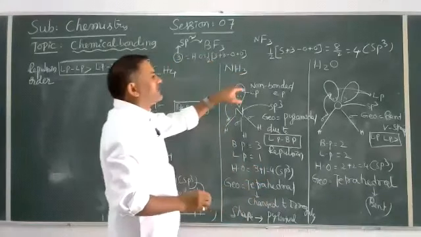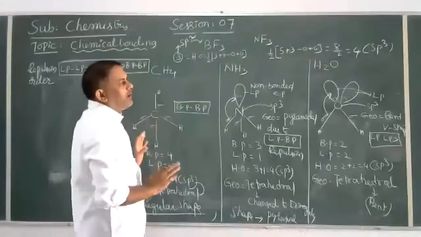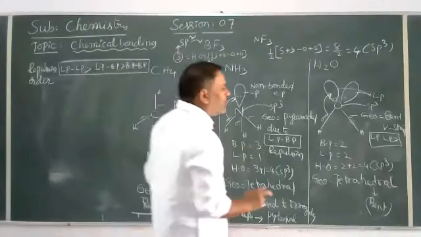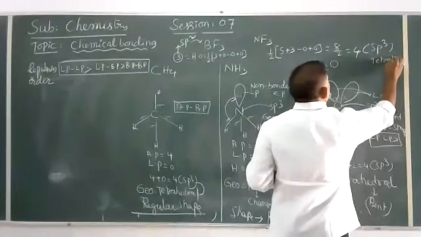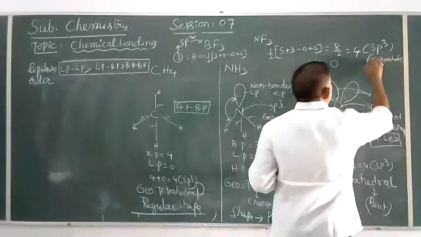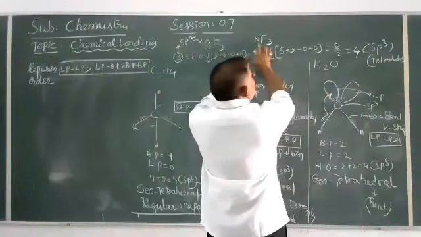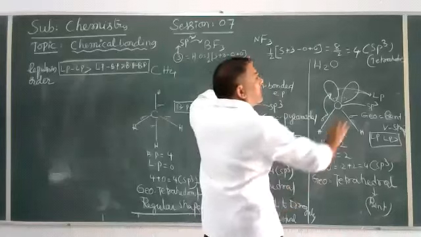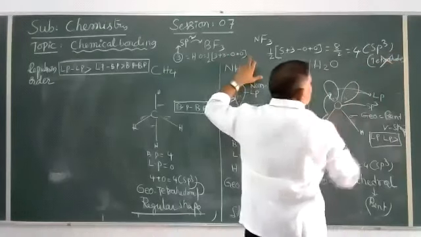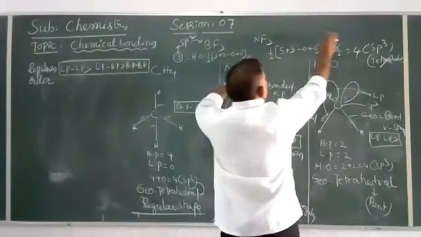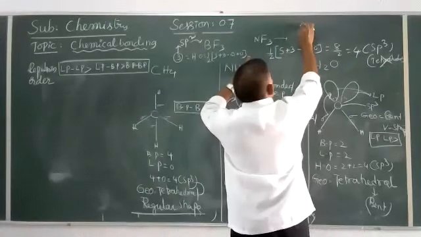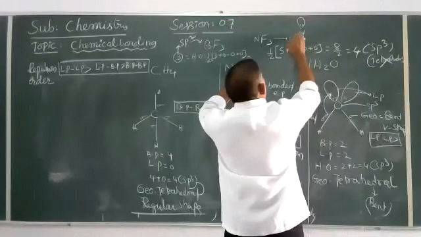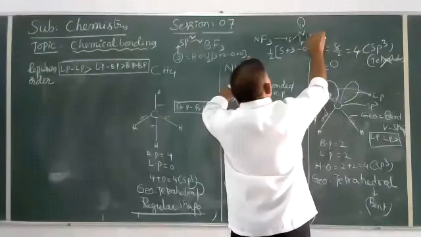So according to that concept, by seeing the formula, if it is sp3, we know sp3 means it is tetrahedral according to the hybridization concepts. But its geometry is not tetrahedral. This is wrong. Due to the presence of one lone pair, this is nitrogen, one lone pair is present, and here fluorine, fluorine, and fluorine.